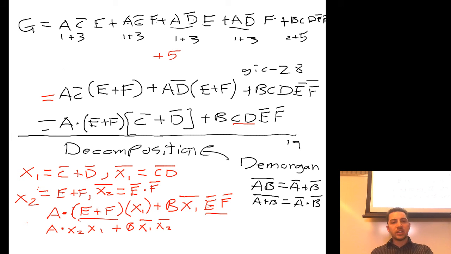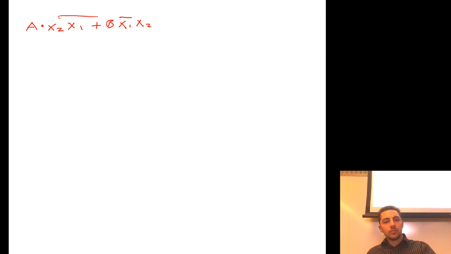So what does this actually end up looking like? Well, let me take that whole equation, go to a new page, and paste it in. This is the equation that we came up with: A ANDed with x1, x2, or B ANDed with x1 bar, x2 bar.